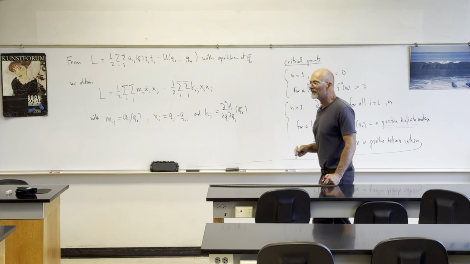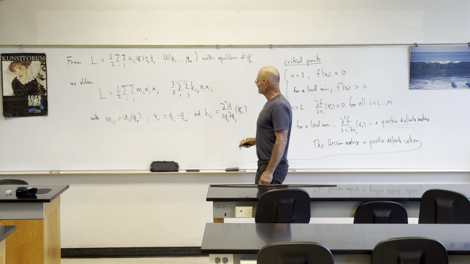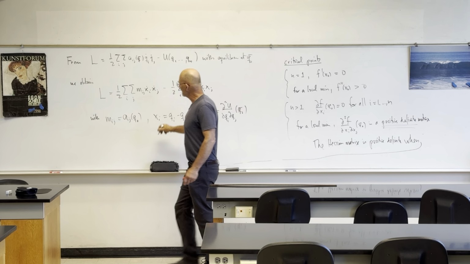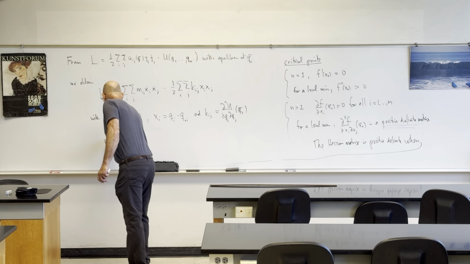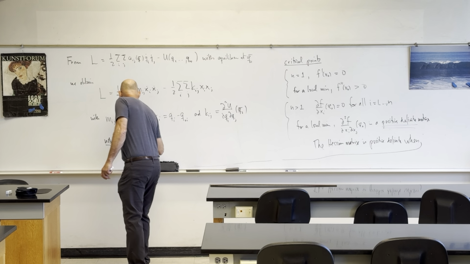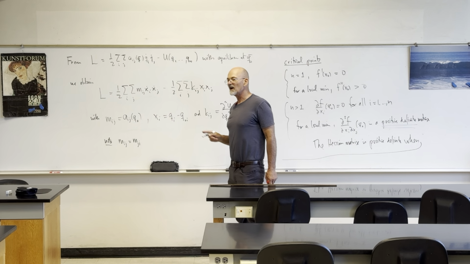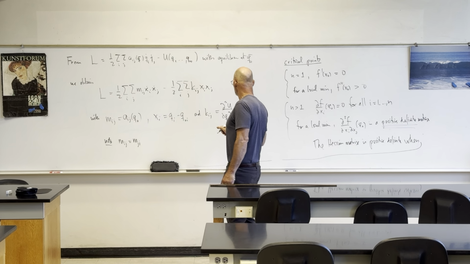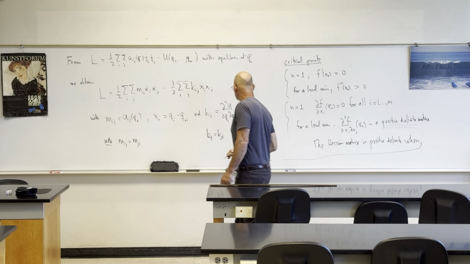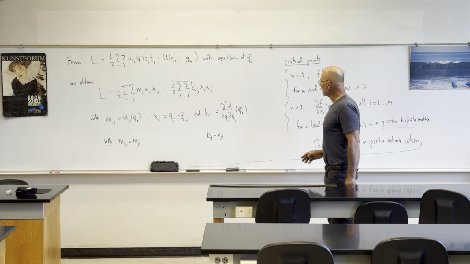Lagrangian evolutions do this because it looks just like point particle things, right? So these are now matrices, and I'll put an important note here. This M_ij equals M_ji, so the symmetry of that matrix is always possible. Same thing here: K_ij equals K_ji. If it isn't when you're constructing it, you just make it so.